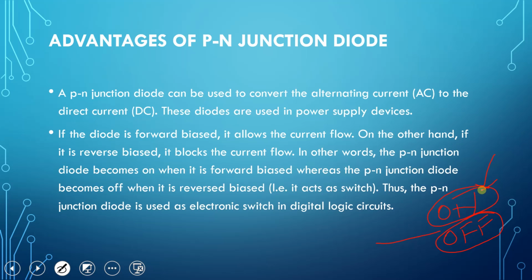When the diode is reverse biased, it works in the off condition, in which no current is flowing. So a diode can act as a switch. Thus PN junction diode is used as an electronic switch in digital logic circuits. So this is how the PN junction diode is used as a switch.